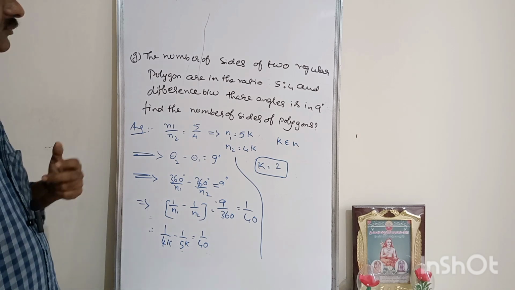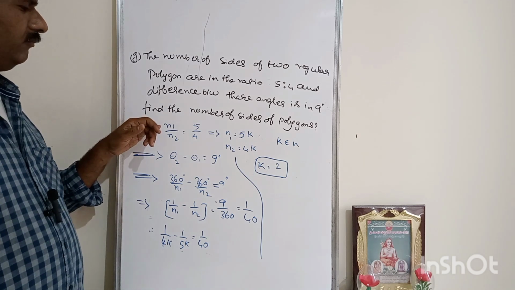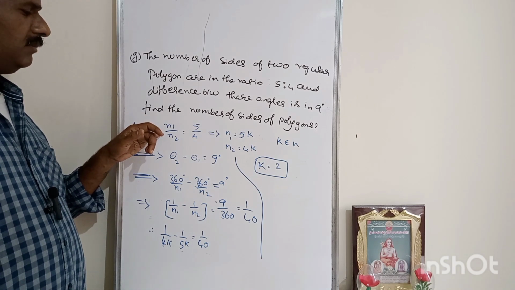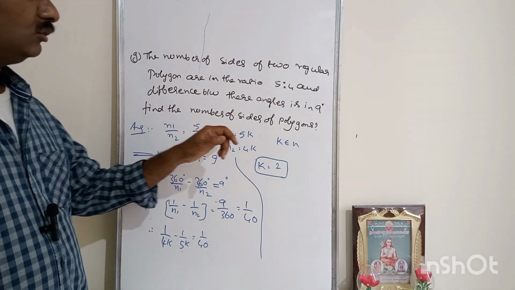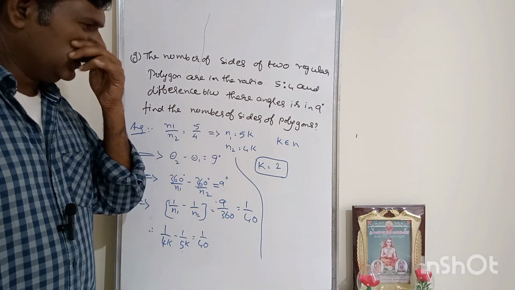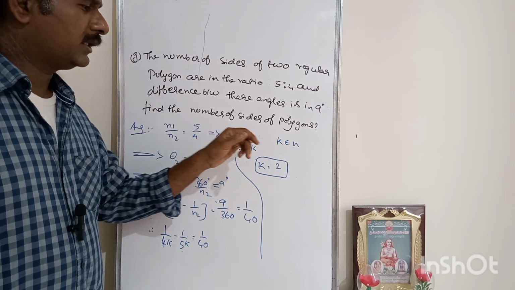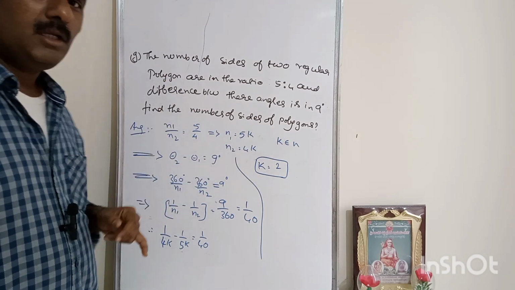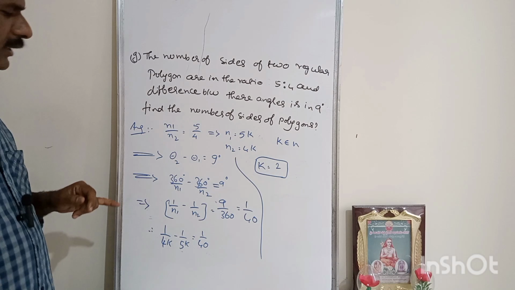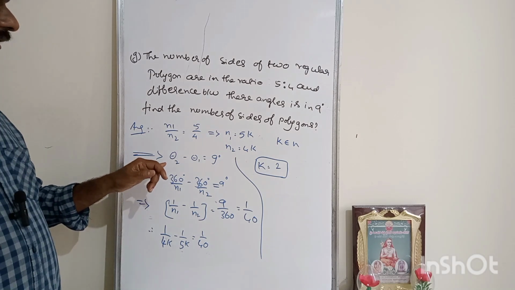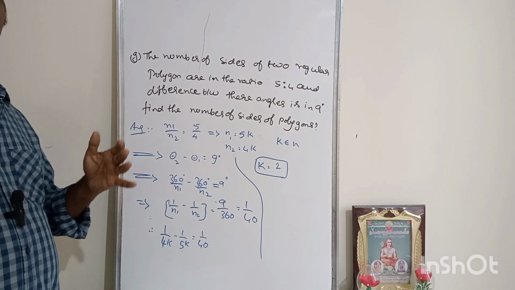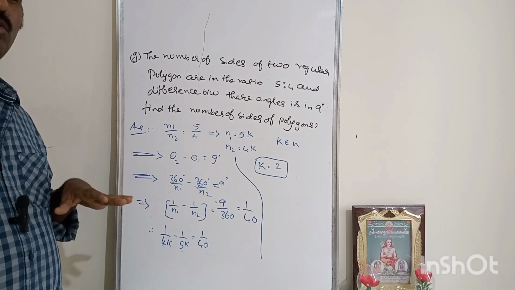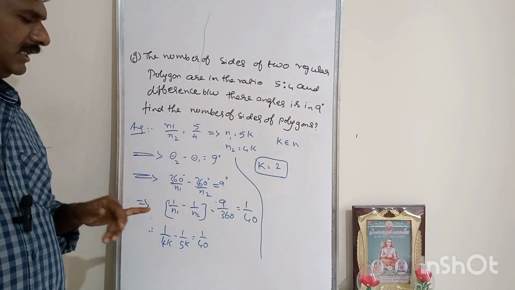Then we have n1 by n2 is equal to 5 by 4. That is, n1 is equal to 5k and n2 is equal to 4k, where k is a positive number. Therefore, theta 2 minus theta 1 is equal to 9 degrees, the difference between the angles.